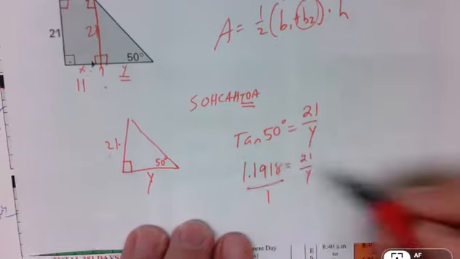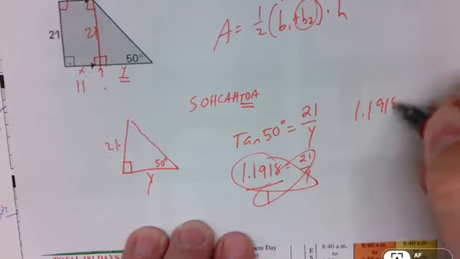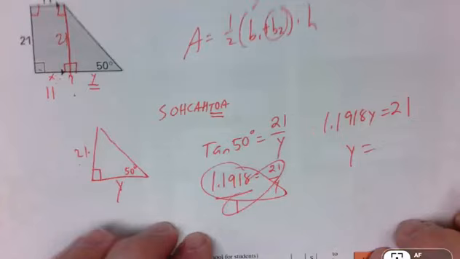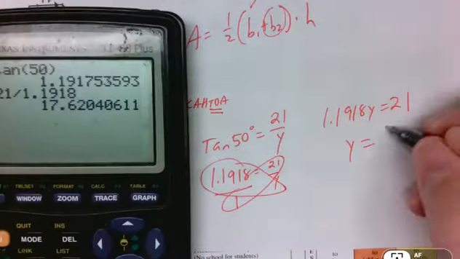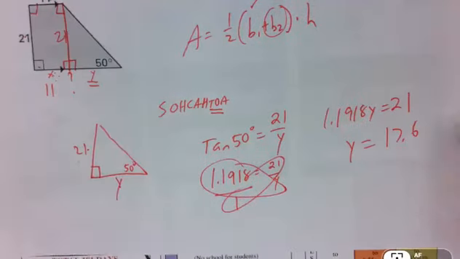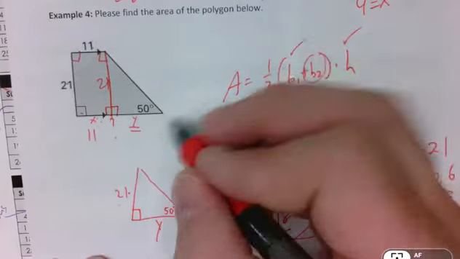Cross multiply. I get 1.1918y equals 21. So y equals 21 divided by 1.1918. I get about 17.6. Let's just leave it there for now. So that's the other piece of the base, 17.6.